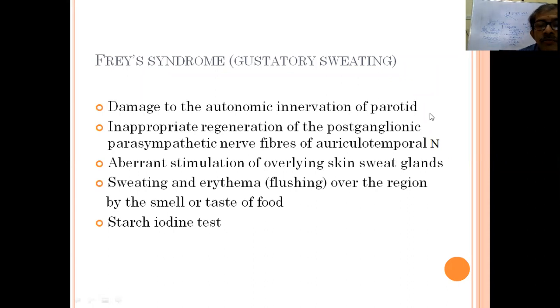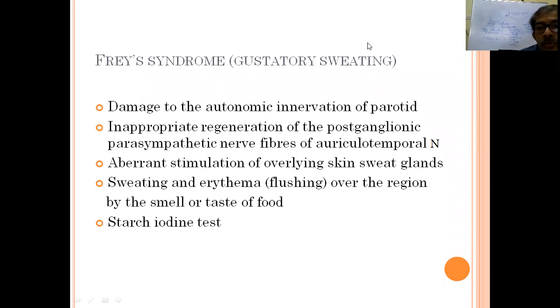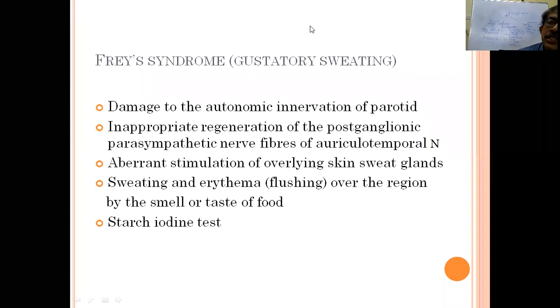The parotid salivary gland is supplied by the glossopharyngeal nerve. But how come, as one candidate said, it has gone into the auriculotemporal nerve, which is a branch of the mandibular nerve of the trigeminal? From the glossopharyngeal it will reach the otic ganglion.